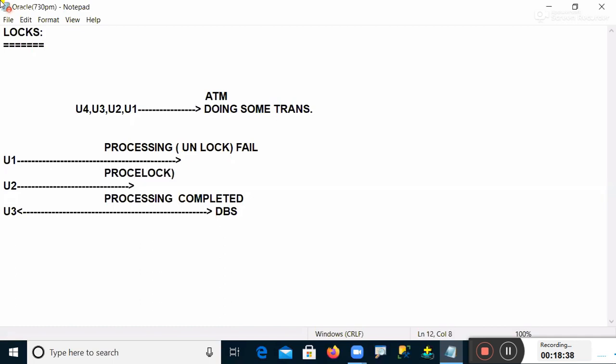So transactions, meaning user requests, how they are balanced, maintained and managed by your database servers is with the help of locking mechanisms.